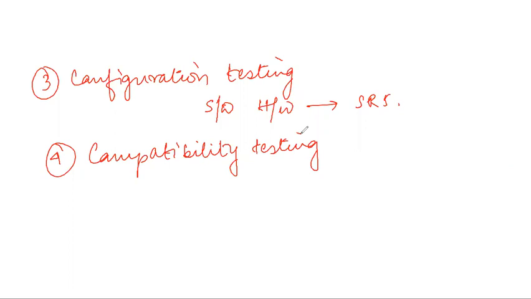Suppose my system needs to communicate with a large database system in order to retrieve some information, then compatibility testing is required to test the speed and the accuracy of that data retrieval process, right?